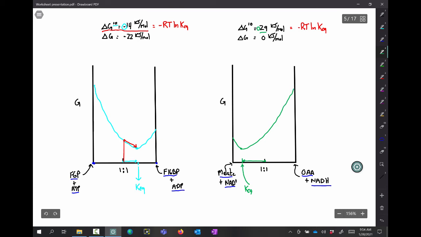Again, the lowest point here on our landscape would be that KEQ, because that's the ending point and where free energy has been minimized. Now, let's return back here, and we can finish this out, and we can then use this graph to illustrate what I've been talking about in regards to the difference between standard and actual free energy change. The main difference between standard and actual free energy change is not where they end, but rather where they begin.